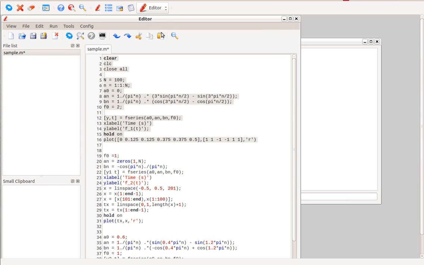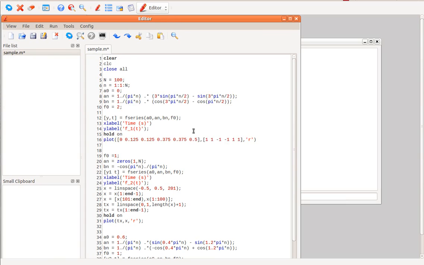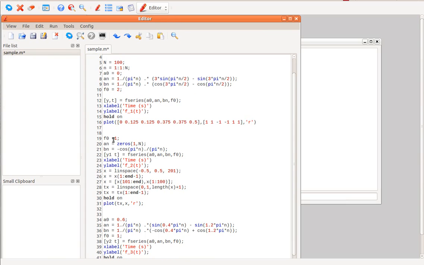Okay, so over here, I've gone ahead and done that. So let's change the fundamental frequency. We saw that for this particular question, going from negative 0.5 to 0.5, the fundamental frequency should be equal to 1. So we're going to change that to 1. We're going to calculate our An. It's all zeros, and this time I'm still going to use the 100 coefficients. And this is my Bn.